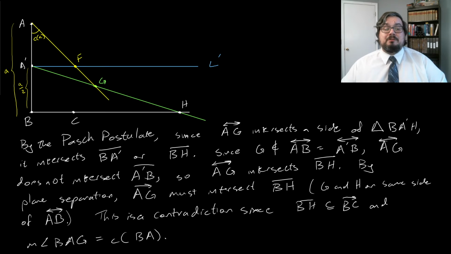So this shows that the critical number of A over 2 can't be equal to 90 if the critical number of A is less than 90. So that finishes Theorem 113.